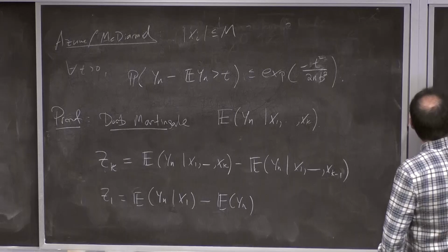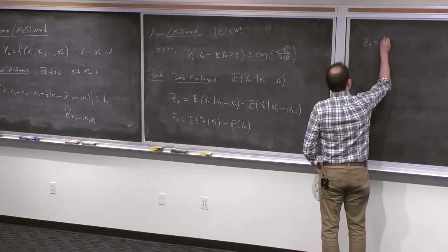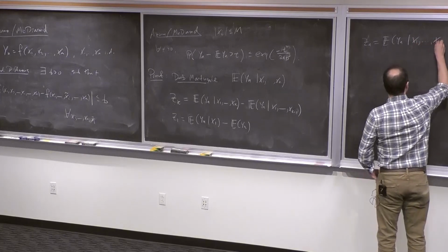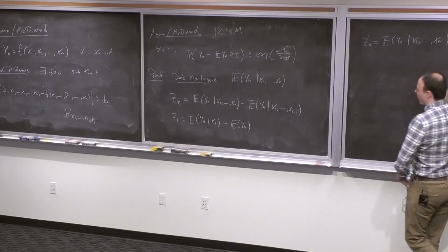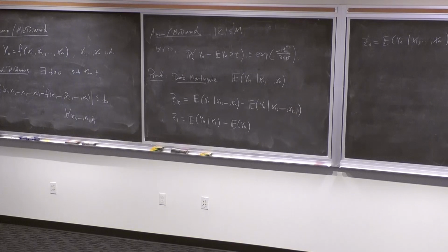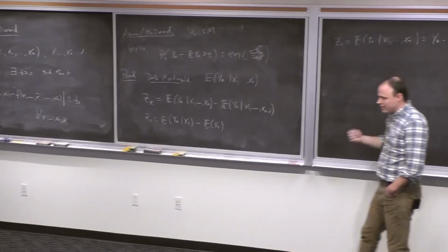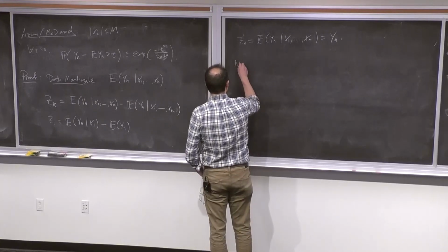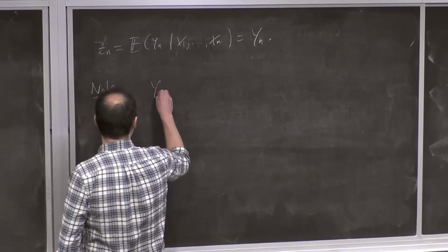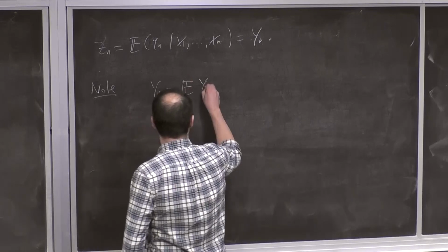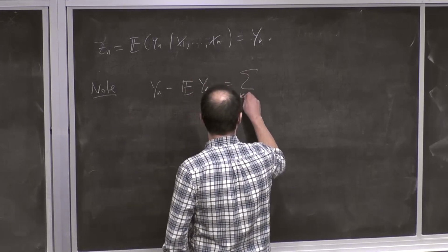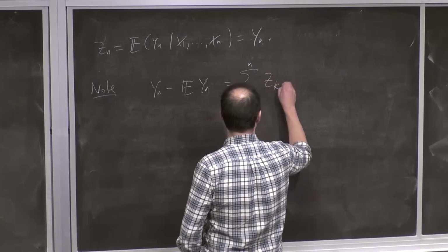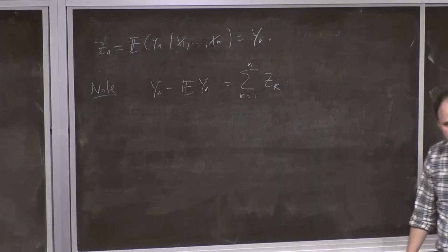And just to note that if I condition on everything, it's just yn. So actually, I have a telescoping sum for yn minus its mean. So I have yn minus the mean is the sum, k is 1 to n, of zk, just by definition of these things.